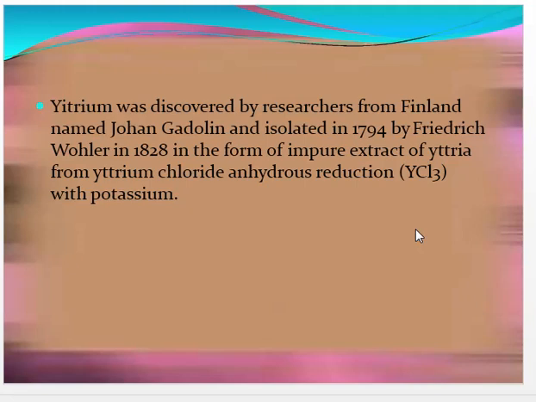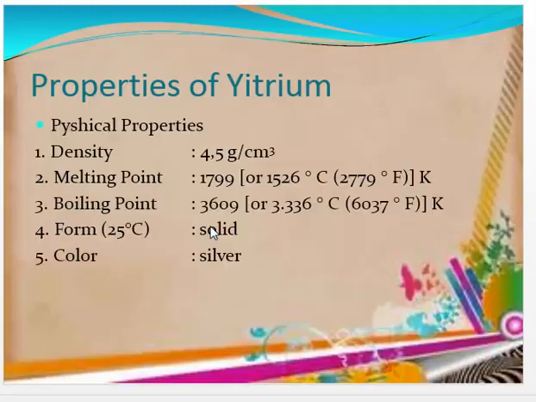Yttrium was discovered by a researcher from Finland named Johan Gadolin and isolated in 1794 by Friedrich Wöhler in 1828 in the form of an impure extract of yttrium from anhydrous yttrium chloride reduced with potassium.